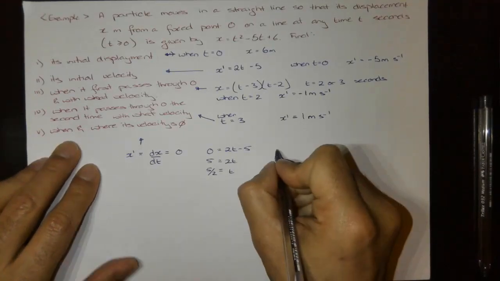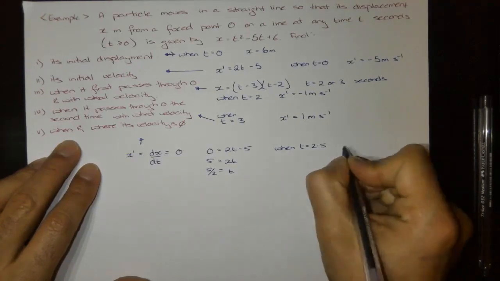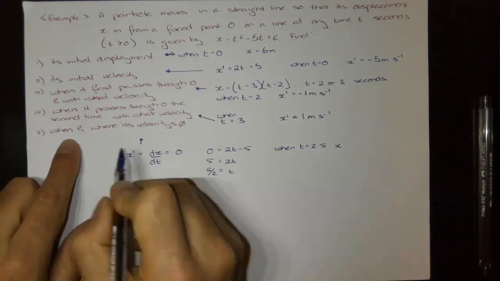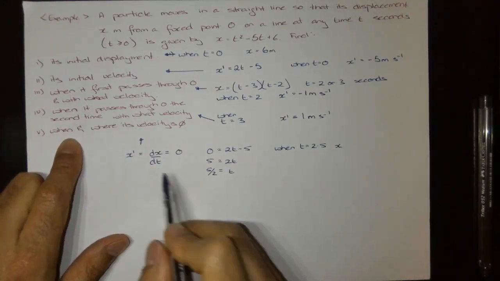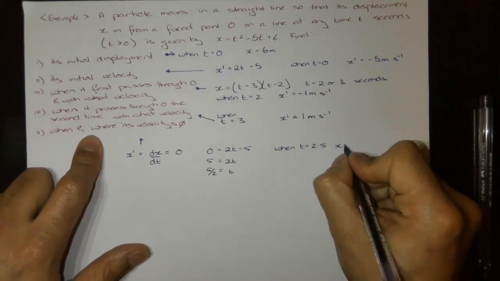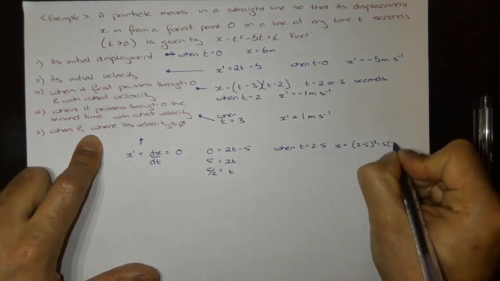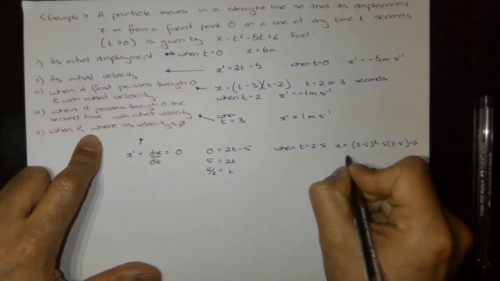So when t equals 2.5, we want to find where. When was the 2.5 and where? We plug it back in here. x equals 2.5 squared minus 5 lots of 2.5 plus 6.